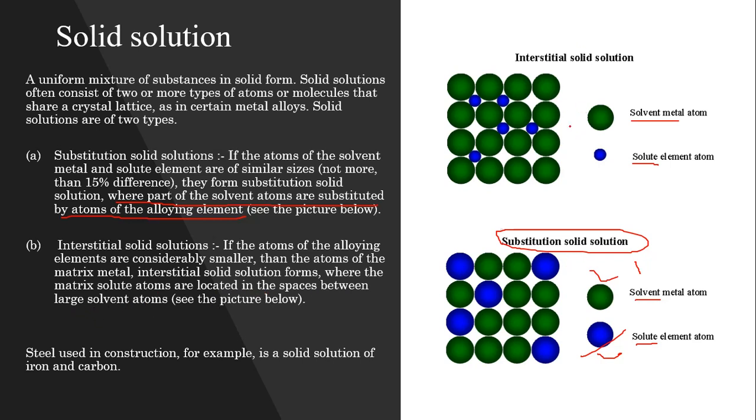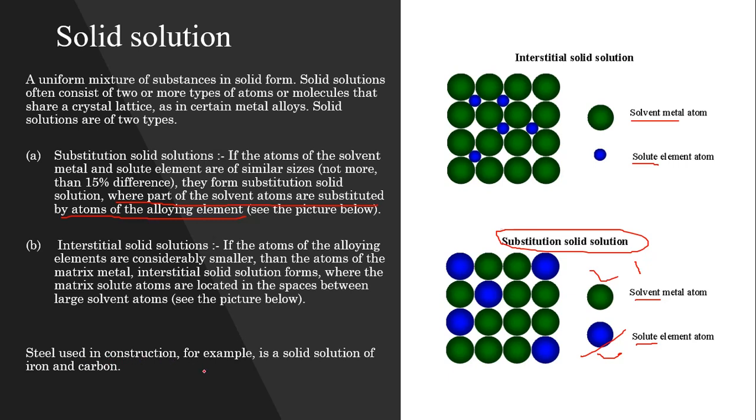So the difference here is that in a substitutional solid solution, both solvent and solute have the same size atoms. In an interstitial solid solution, the solvent and solute have different sizes. Majorly, the solute has a size very much smaller than that of a solvent atom. That's why the solute gets fitted into the spaces between the two adjacent solvent metals.